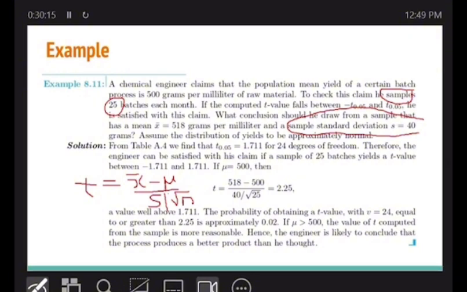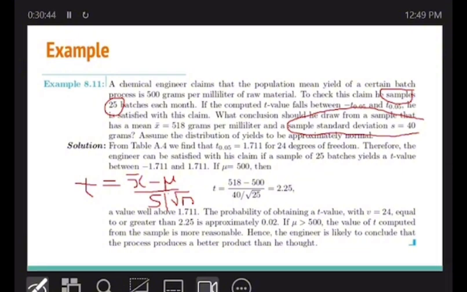The 500 is going to be the population mean. There's a difference between sample mean and population mean. The population mean is a hypothesized value, the value in the claim. The chemical engineer claims that the population mean yield is 500. The sample standard deviation is 40, and the sample size is 25. So at the end of the day, I got my T to be 2.25.